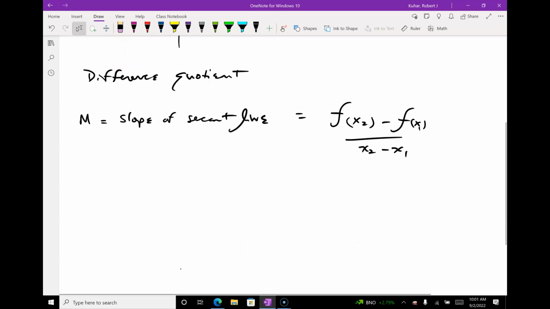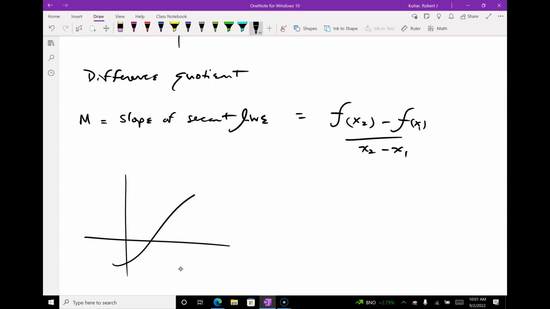What we're going to do is, instead of using subscripts, we're going to just say that the first point is x. So I have x comma f of x as my coordinate, right? And the second point is x plus h. So my point there at that one is x plus h comma f of x plus h.